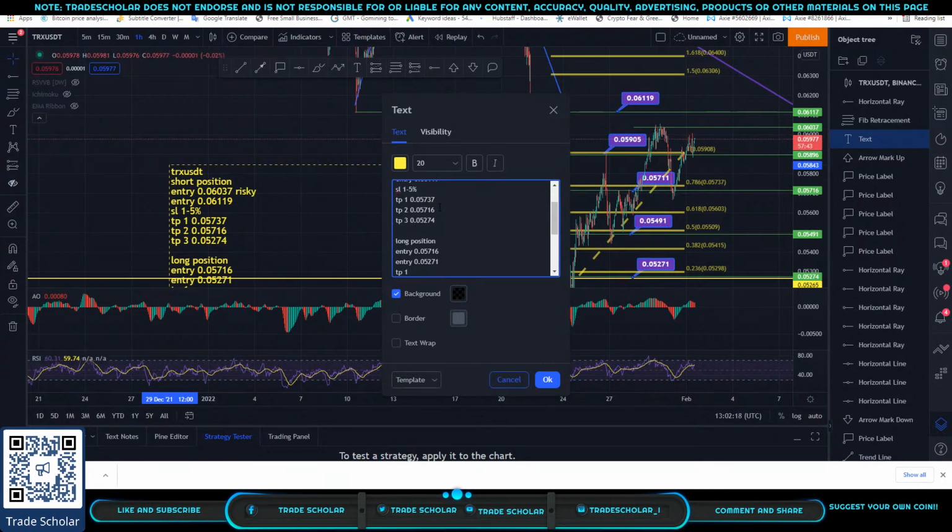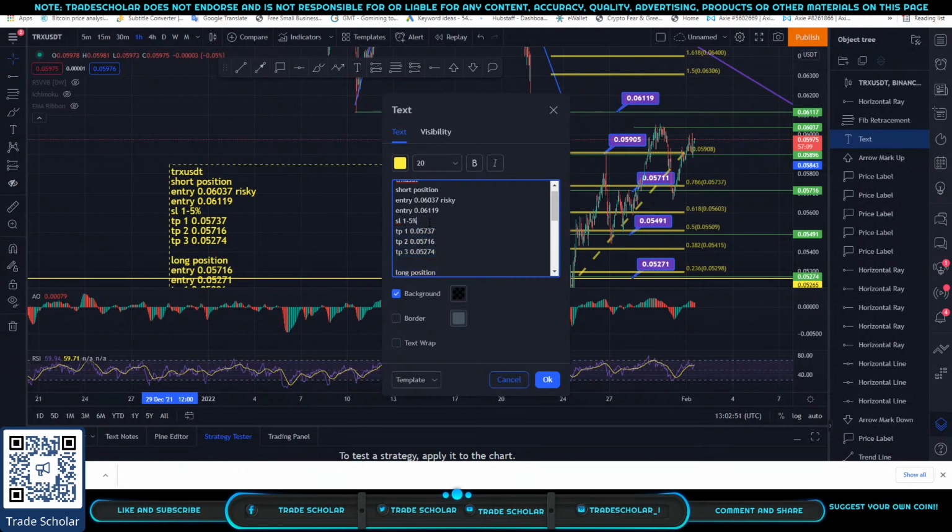TP1 will be 0.05896. TP2 will be 0.0637. Okay? Then SL 1 to 5%. Okay? I have an instruction here, so that's fine already.